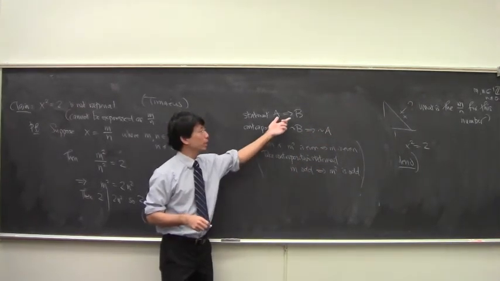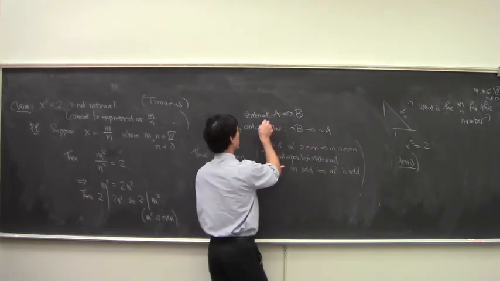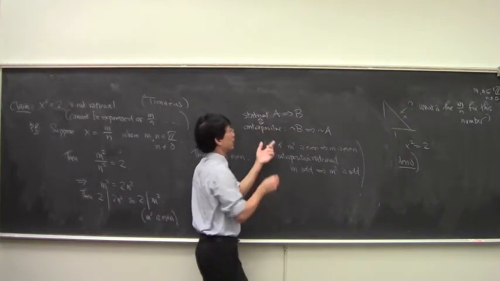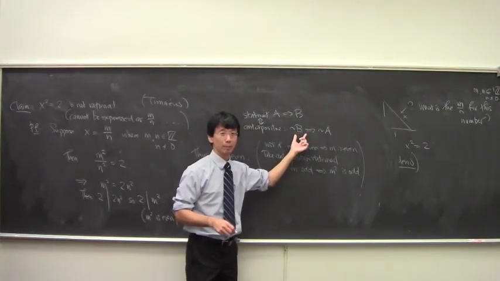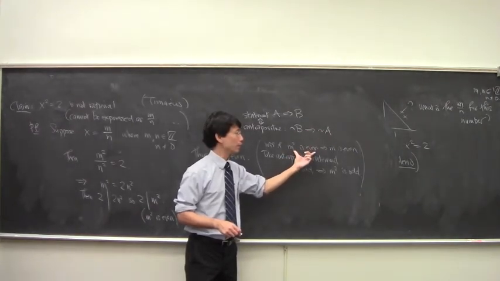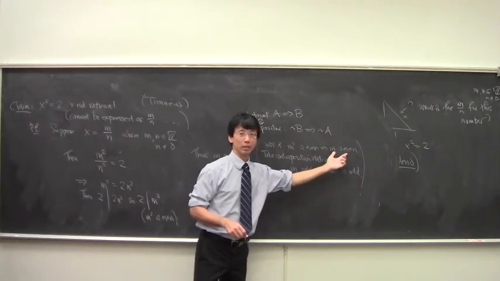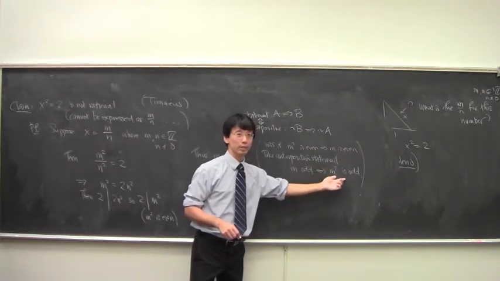These statements are actually equivalent. If you want to prove A implies B, you can just as well prove not B implies not A. So here's the statement, m squared is even implies m is even. Let's look at the contrapositive statement, m is odd implies m squared is odd.